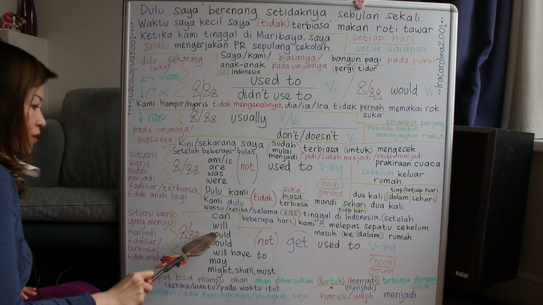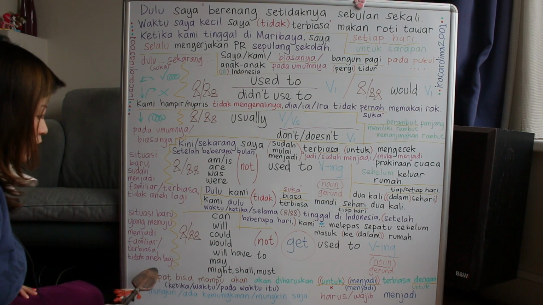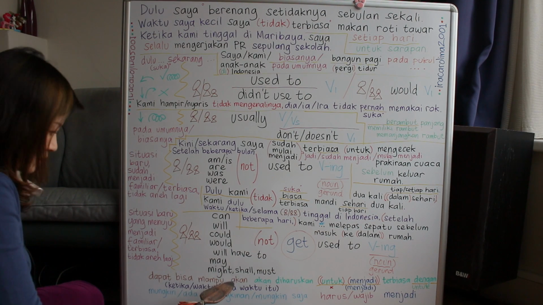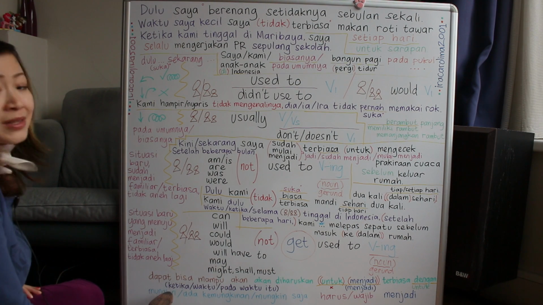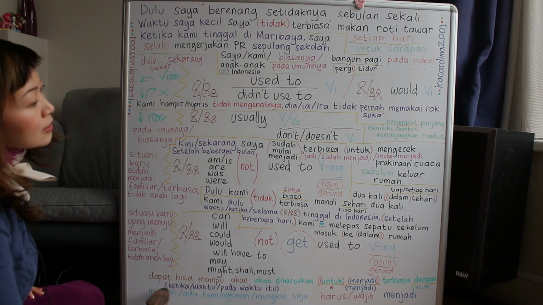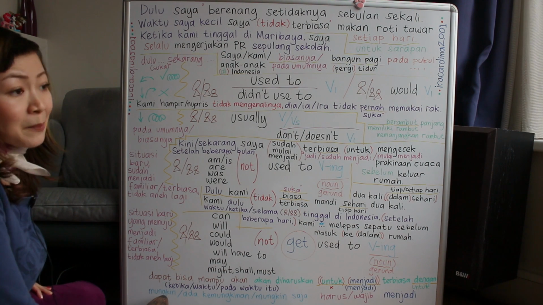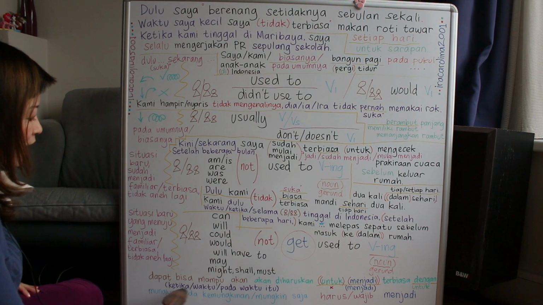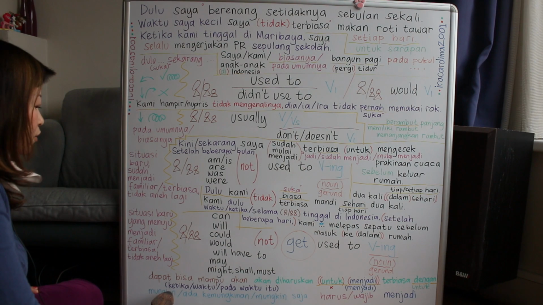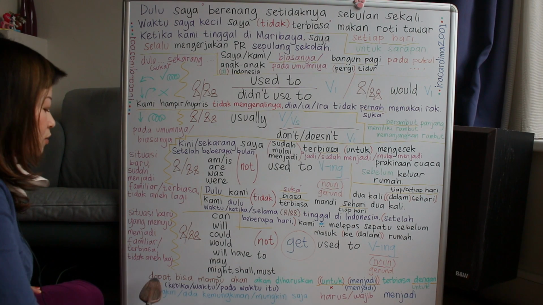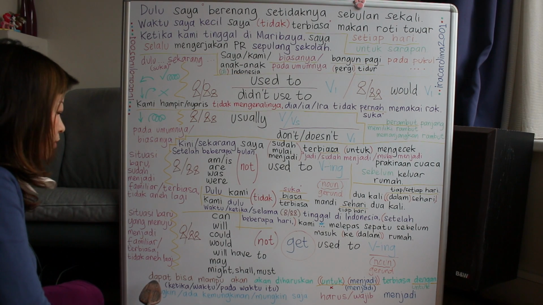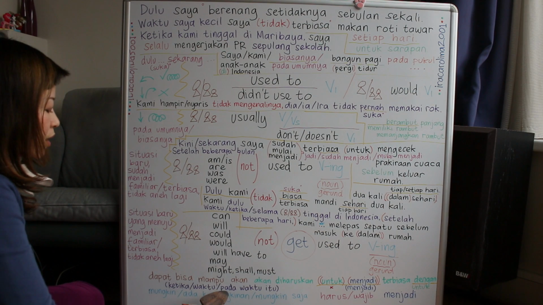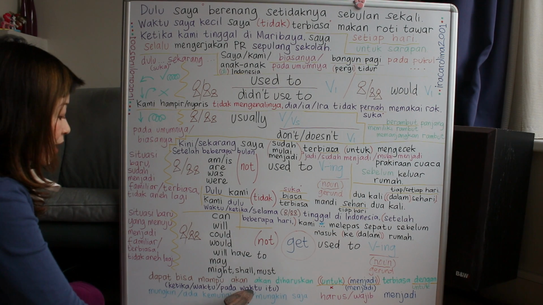To make it could or would, we will use the same words, but we make sure we put the time signal to make it as it happened in the past or before or long time ago, with ketika, when, or waktu, when, or pada waktu itu, at that time.